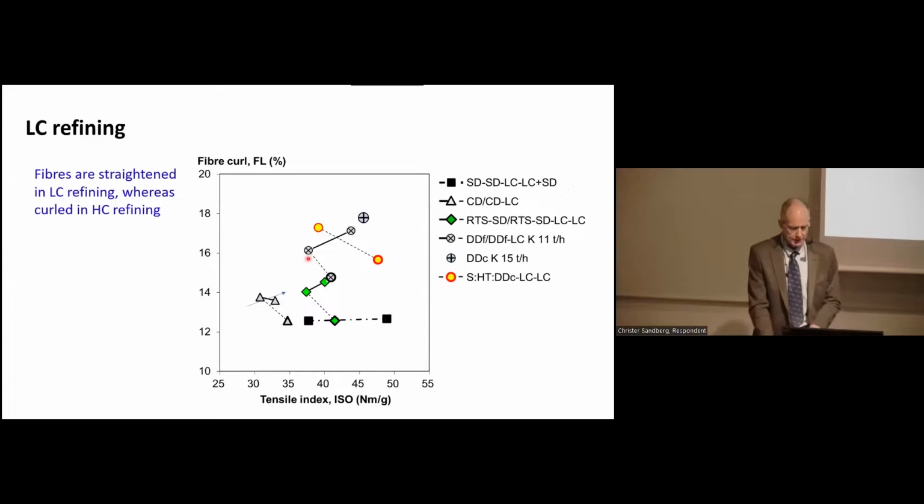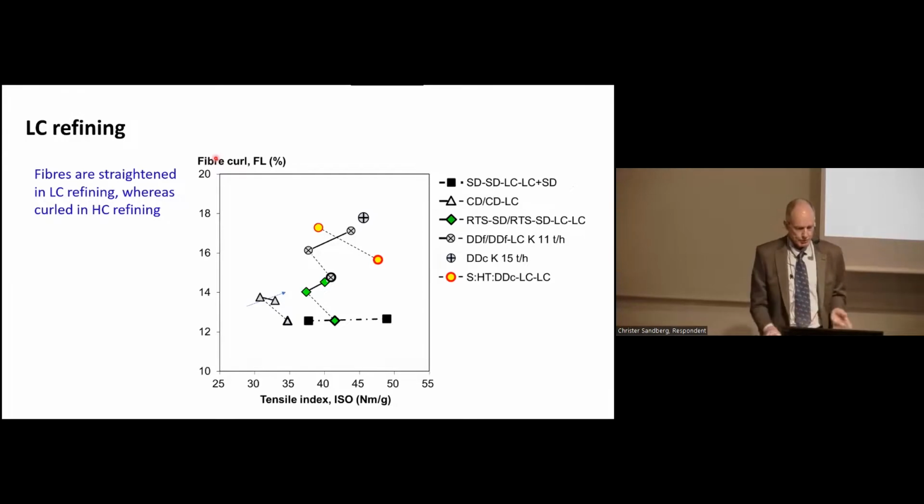Also, there is a difference when it comes to the form of the fibers. Usually when the fibers come out from a refiner, there are more or less a little bit of kinks and curls.